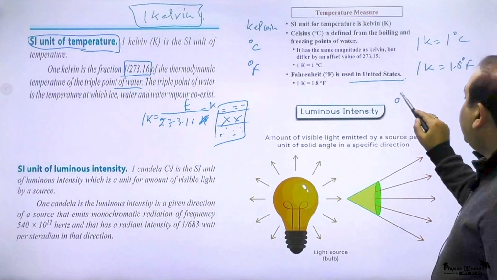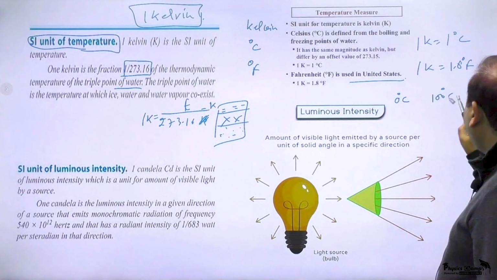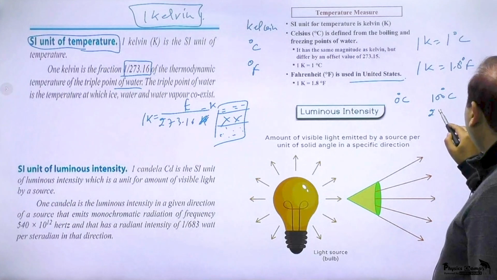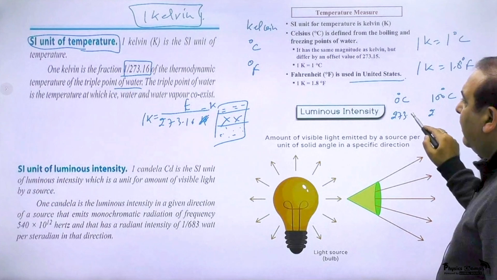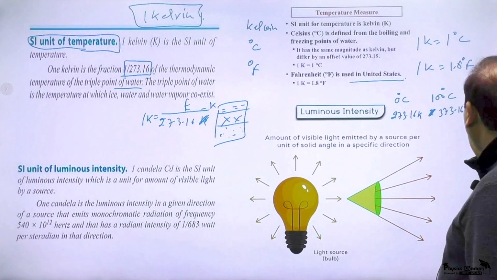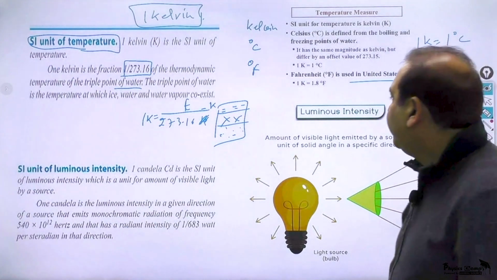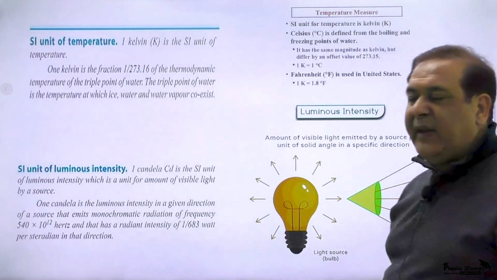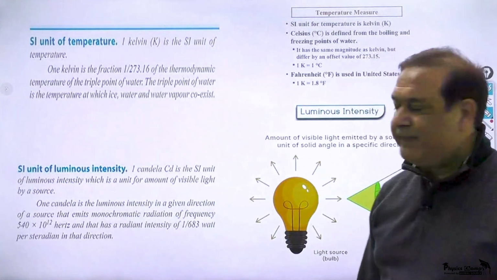If ice melts at 0 degree Celsius and water boils at 100 degree Celsius, then 0 degree Celsius is 273.16 Kelvin and 100 degree Celsius is 373.16 Kelvin. So this is how they are related to each other. Standard unit of temperature is Kelvin, and a change of 1 Kelvin is equal to 1 degree Celsius.